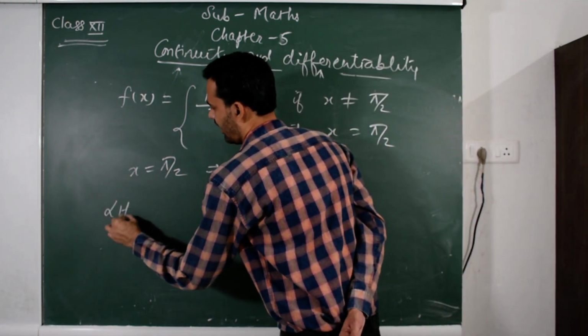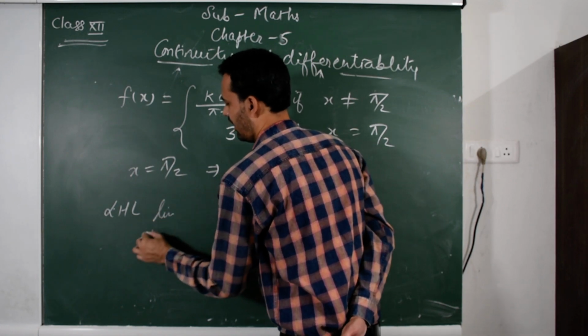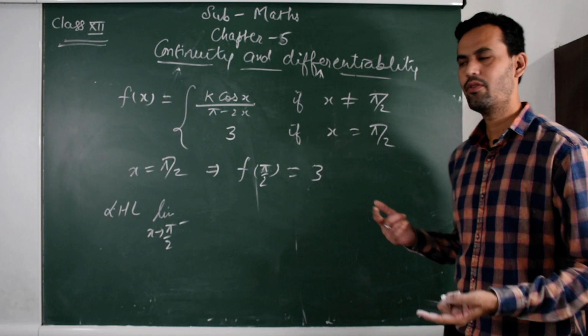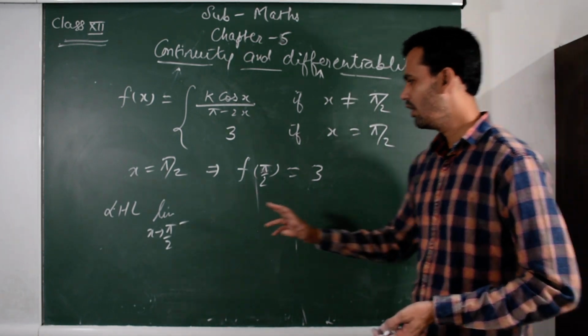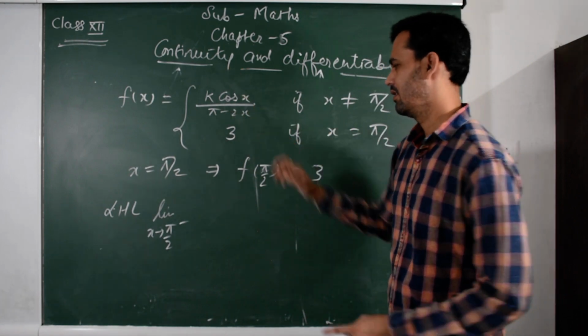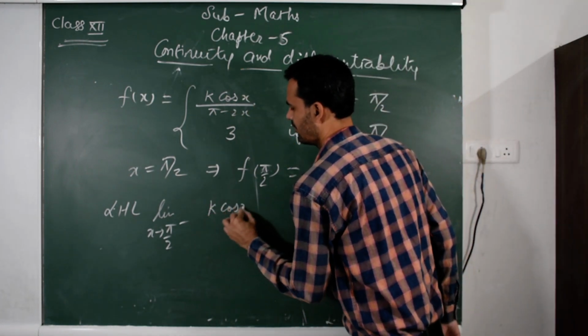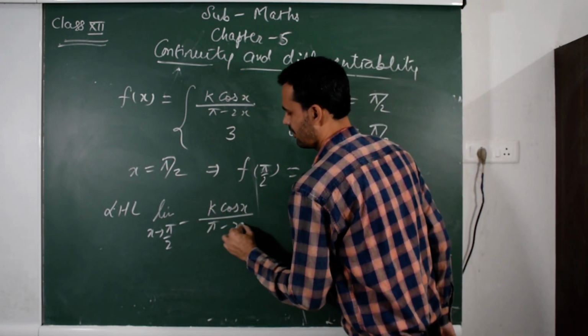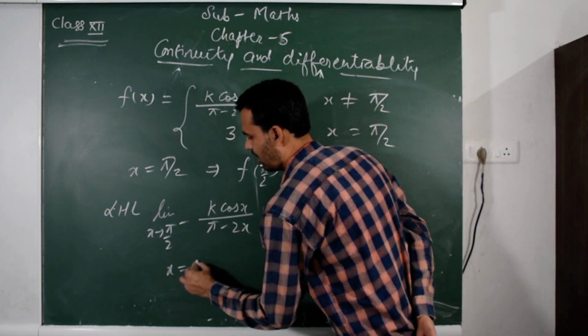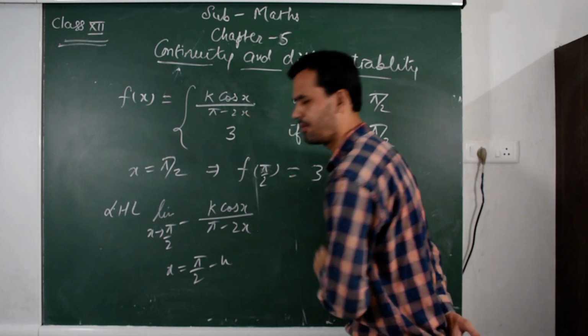Then we take LHL, limit x tends to pi by 2 minus, less than the value of x. So we take the function k cos x upon pi minus 2x. How much less than pi by 2? It's pi by 2 minus h.